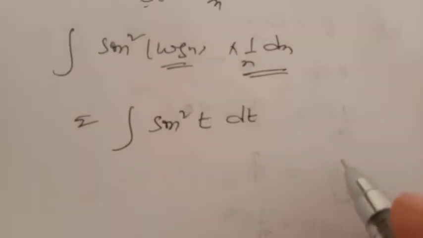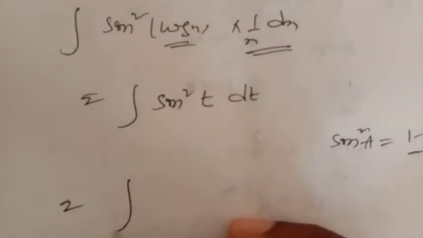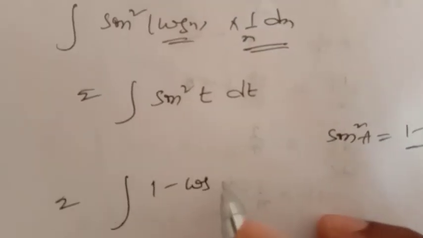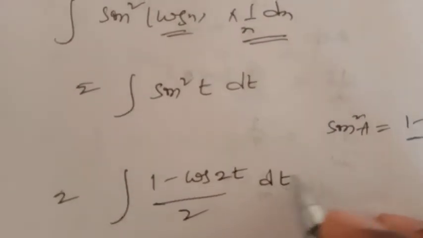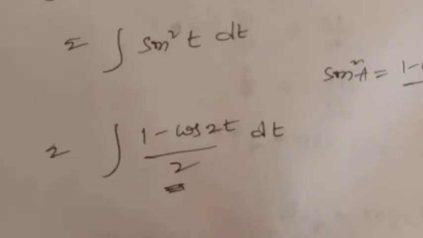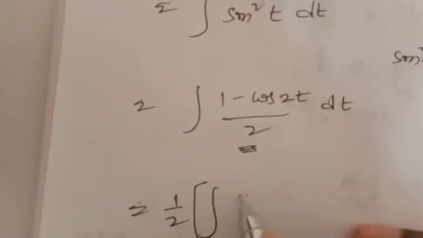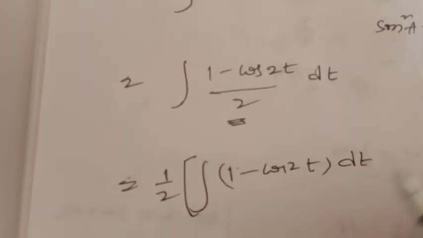Here we have the formula sin square a equal to (1 minus cos 2a) by 2. Here it is (1 minus cos 2t) by 2 into dt. Here 1 by 2 is the constant term, take it in front of the integration, that is 1 by 2 into integral (1 minus cos 2t) into dt.